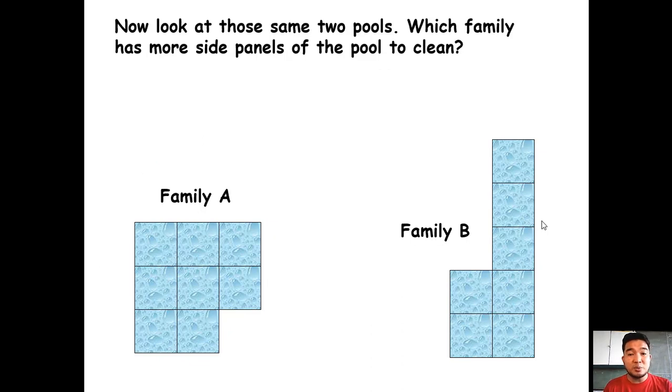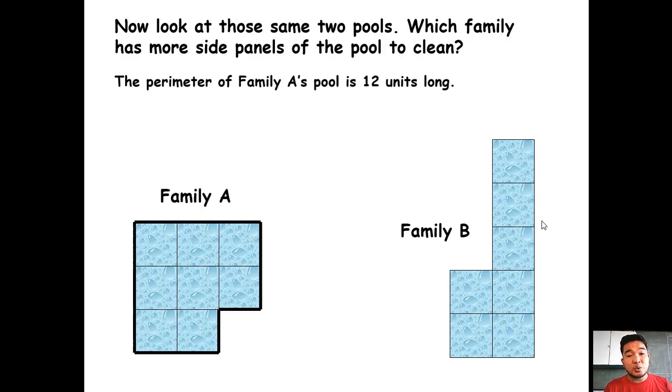Now, look at those same two pools. Which family has more side panels of the pool to clean? So, kay Nino daw yung may mas malaking side panels ng pool na kailangang linisin. So, let us count. 1, 2, 3, 4, 5, 6, 7, 8, 9, 10, 11, 12 for family A. So, 12 units long.